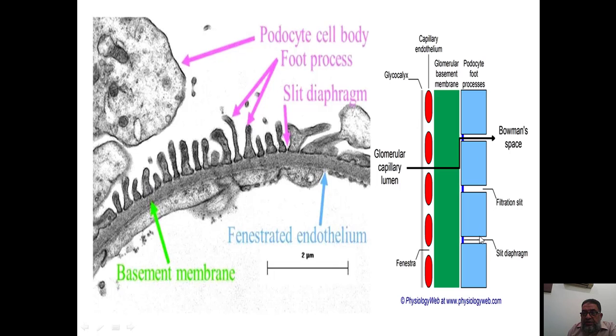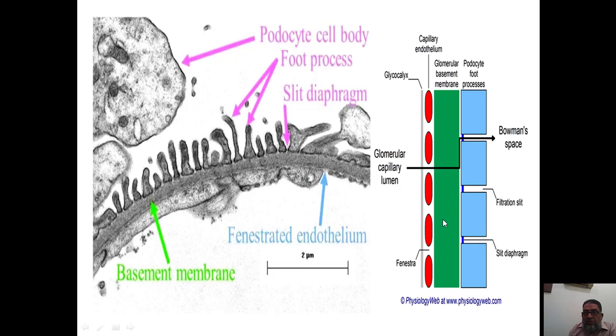Now this is the diagrammatic presentation of a filtration barrier. This is the endothelial lining. This is the nucleus of the endothelium. This is the fenestra of the endothelium. This is the fused basal membrane of the endothelium toward the capillary and the podocyte.